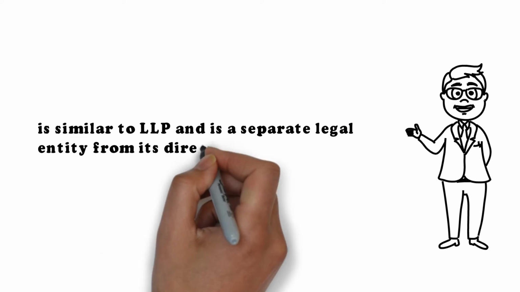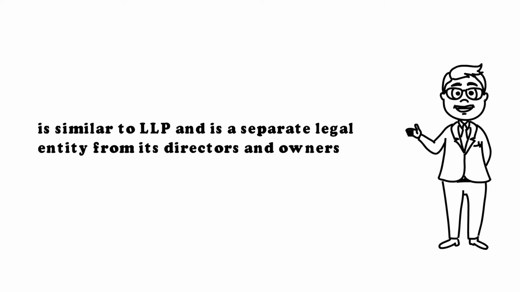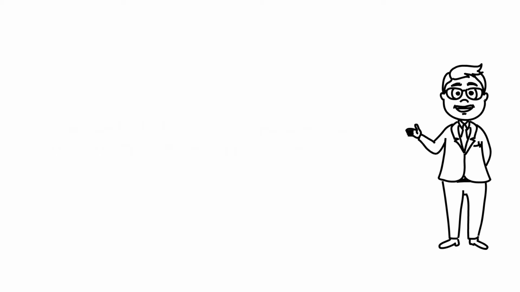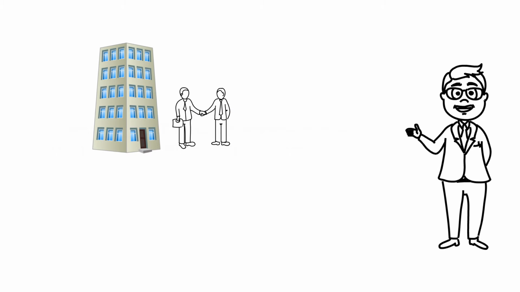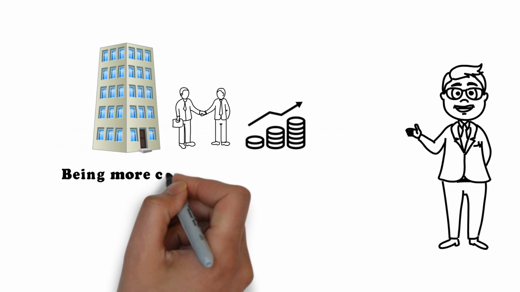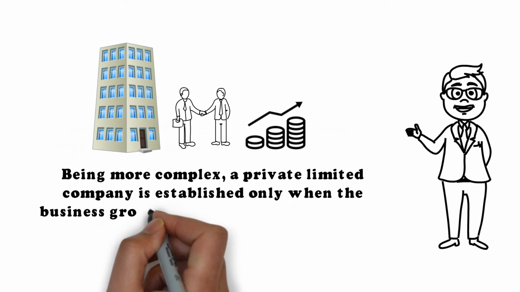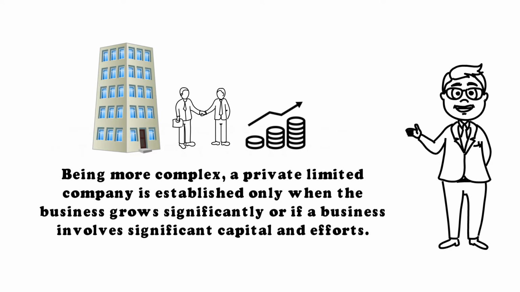4. A private limited company is similar to an LLP and is a separate legal entity from its directors and owners. Being more complex, a private limited company is established only when the business grows significantly, or if a business involves significant capital and efforts.